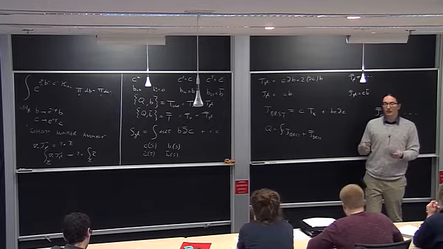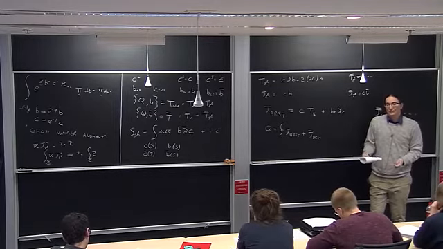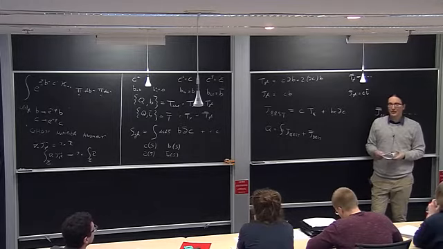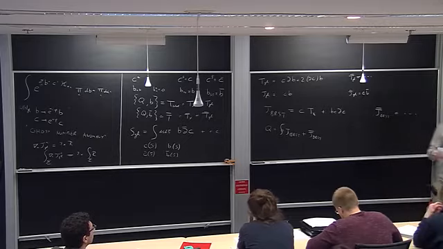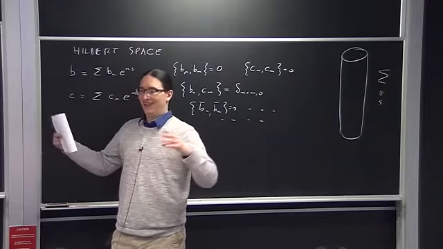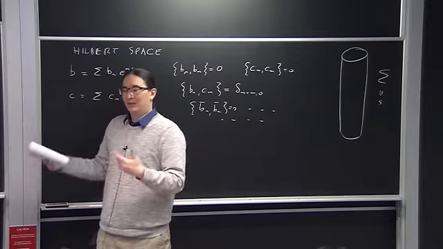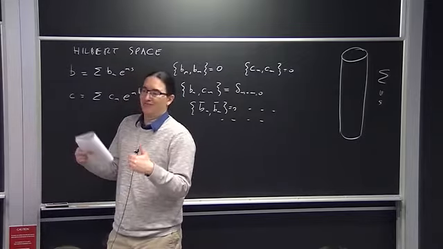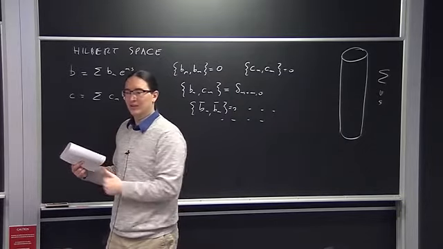You include in your theory states which are annihilated by this Q, modulo states which are in the image of Q. And again, correlation functions of Q closed operators sandwiched between states which are Q closed will be well defined and will not change when I shift things by Q exact amounts.